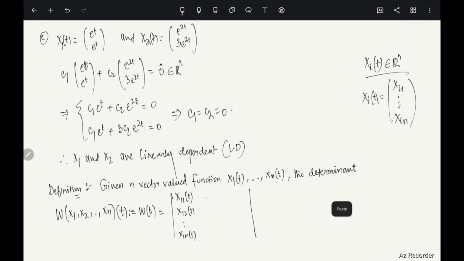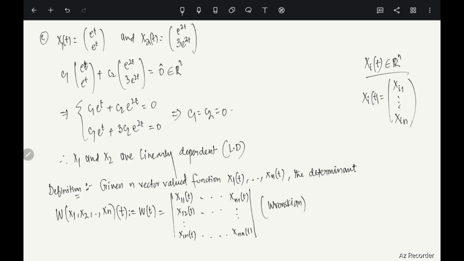Okay, and this goes on, and then this is again xn1 of t and xnn of t. Okay, so you just put x1 in the first column, x2 in the second column, like this. It doesn't really matter. You can do it the other way also. But anyways, since we are dealing with a determinant, essentially this is called the Wronskian.